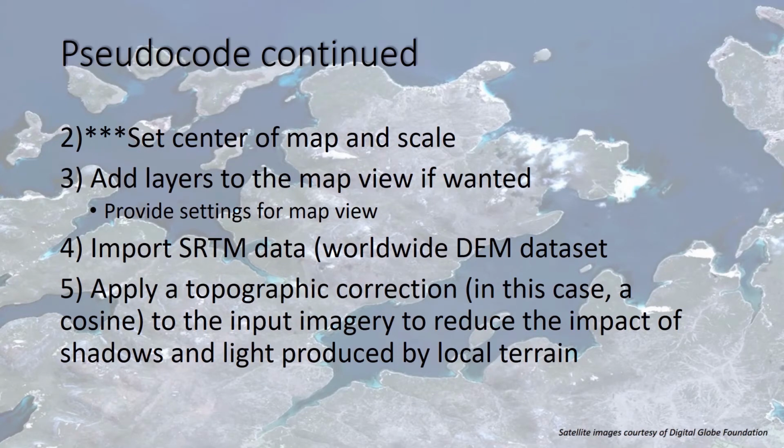Next step, I imported the SRTM data, which we referred to in passing a couple times. It's pretty much, not quite worldwide, but throughout much of the world, a digital elevation model, DEM, a model of the surface of the land.